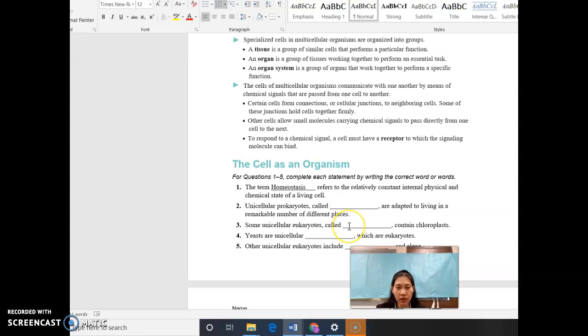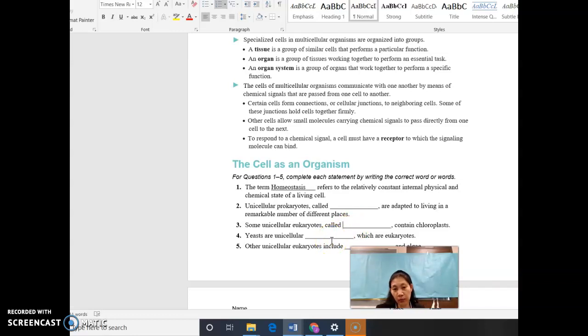And what about eukaryotes? Unicellular eukaryotes. Okay, like algae, they contain chloroplasts. They are like plants, but they're not actually plants. They're called algae. Then what about yeasts?